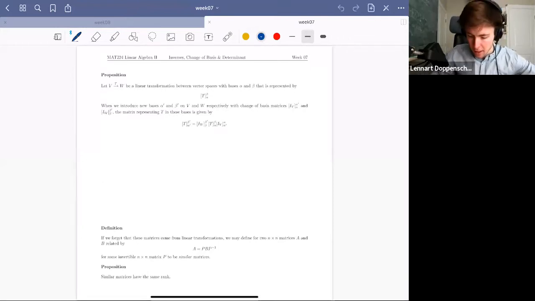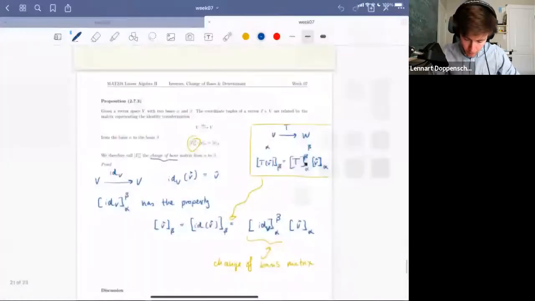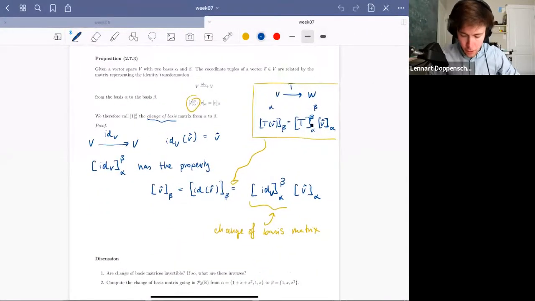All right, so let's wrap up section 2.7. Let me just remind you that the section was about changing the basis of a vector space. So if you have two different bases, then there's a matrix that sends the coordinate vectors in the first basis to the new basis coordinate vectors.